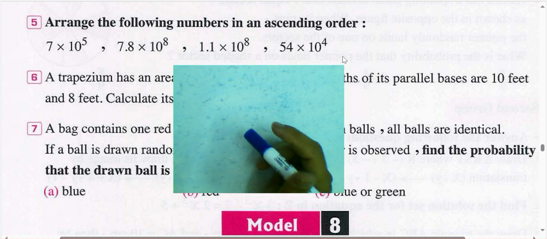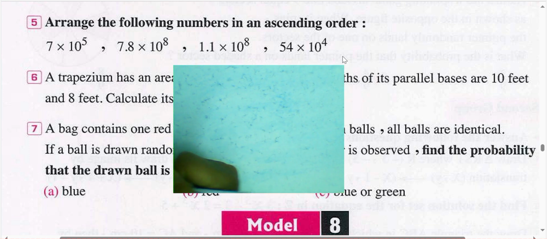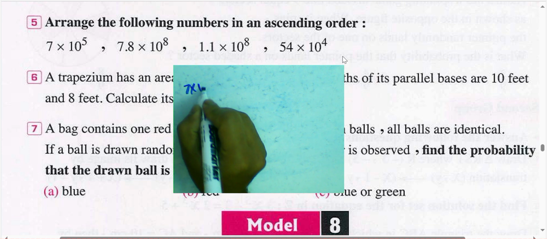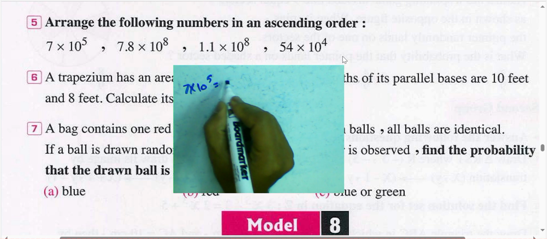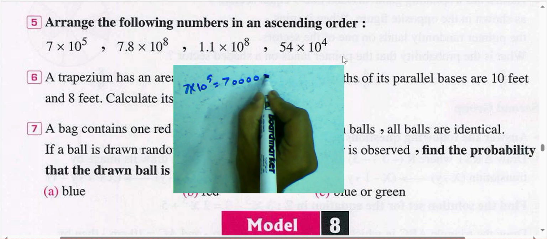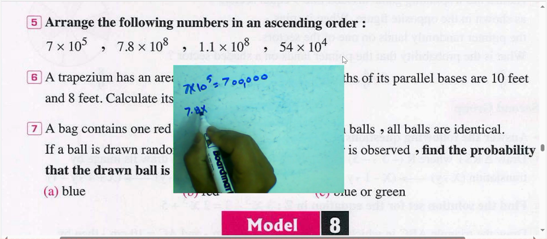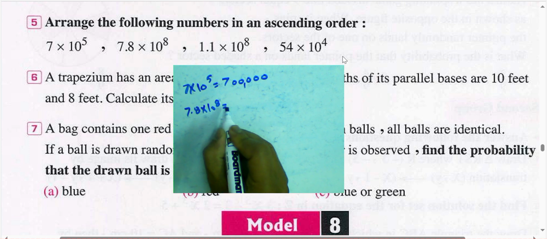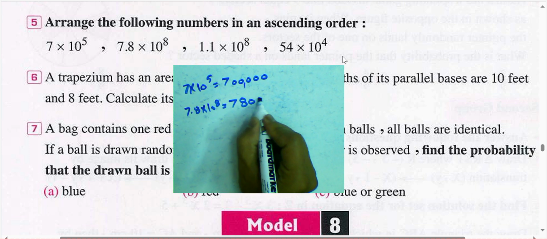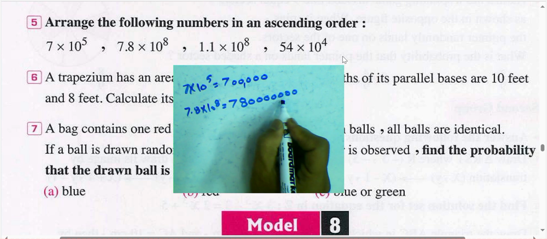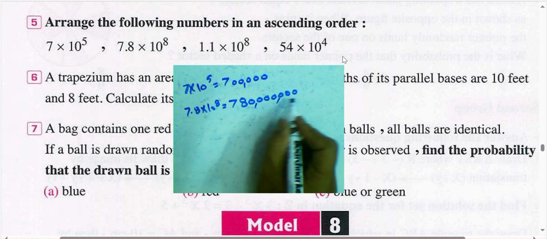Arrange the following numbers in order. First number, 7 times 10 power 5 equals 7 and put five zeros behind it, 700,000. 7.8 times 10 power 8, we can write 7, 8 and write zeros, 1, 2, 3, 4, 5, 6, 7: 780 million.